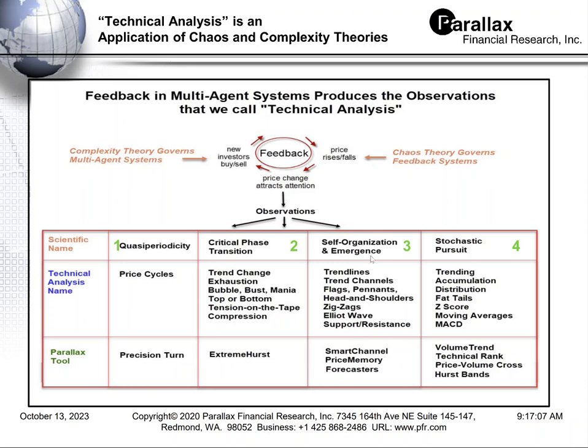And then the favorite of all is chasing price, which we call stochastic pursuit. It's not a random walk, which would be a stochastic process, but pursuit means you're chasing.